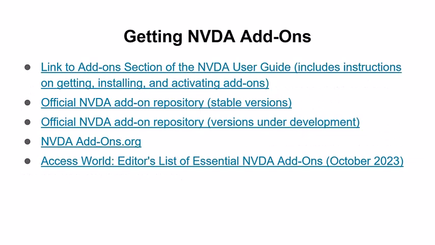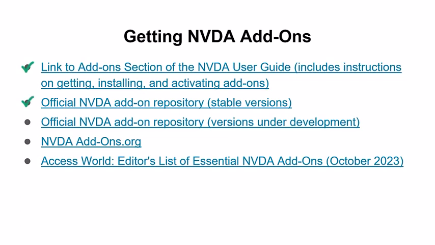How would you get NVDA add-ons? Well, here's some links here. There's a link to an add-on section of the user guide in the PDF associated with this video, and that should give you some general instructions on getting, installing, and activating the add-ons that you do download and how that works. There's a link to the official add-on repository, which is the stable version.